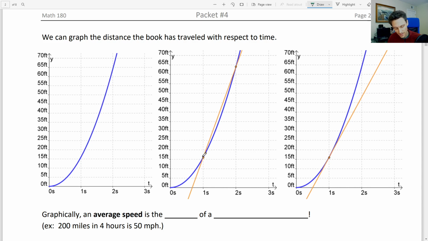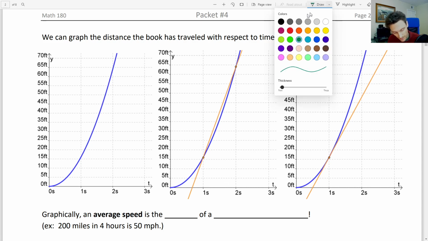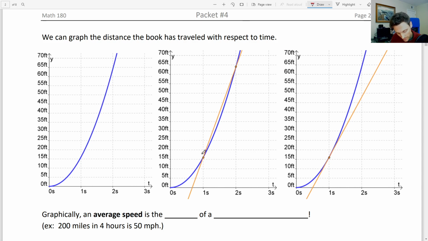That was what we did for finding the average speed. And then we divide that by the change in the time. So that's going to be this horizontal change right here. So really what we're doing is calculating the slope of this line. The amount that we go up is delta y, and the amount that we go over is delta t.